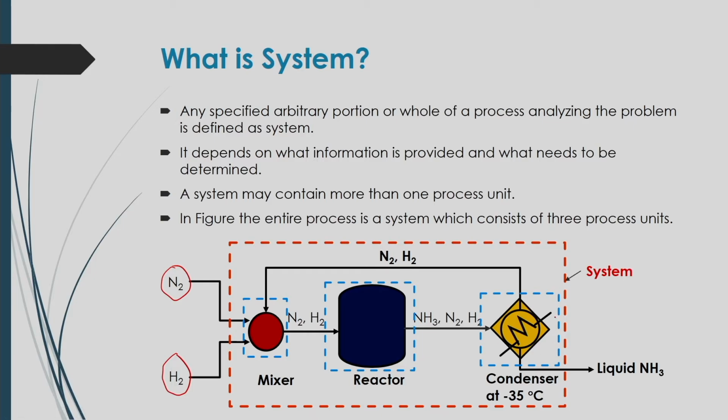After that, one condenser is used, where at minus 35 degree centigrade this ammonia gas will be condensed down as liquid ammonia.